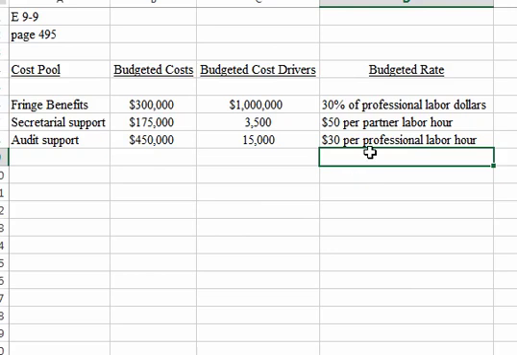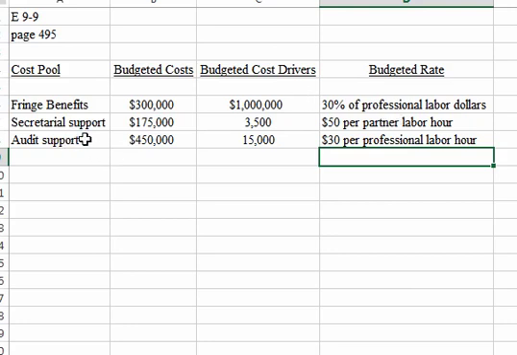Okay, so we just calculated those overhead rates using the base, as I call it, the base number, your budgeted cost driver. You want to pick the cost driver you think is actually connected to the cost itself. So what drives fringe benefit cost? Well, dollars spent on professional labor.